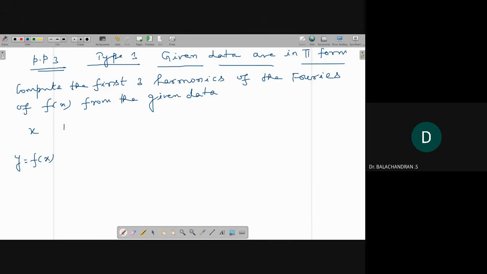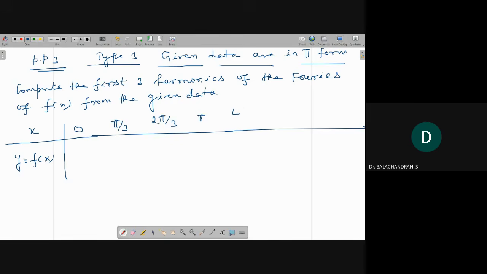x is 0, pi by 3, 2 pi by 3, then pi, 4 pi by 3, 5 pi by 3, 2 pi.